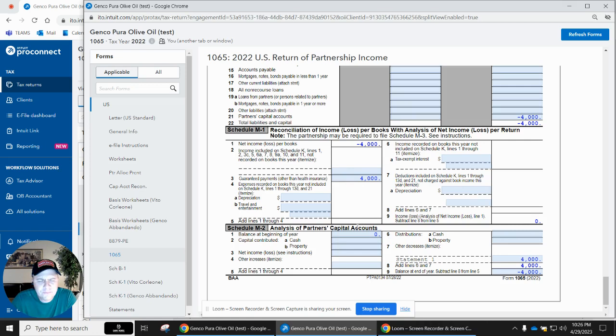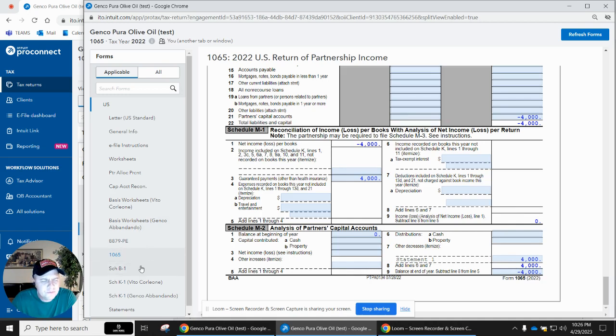Then for our M-2 for the tax capital, we're starting at 0, and we're actually going to reverse this out and end up with a negative $4,000 tax capital. The reason is that even though it didn't affect taxable income, it was cash that left the partnership, so that reduces tax capital.